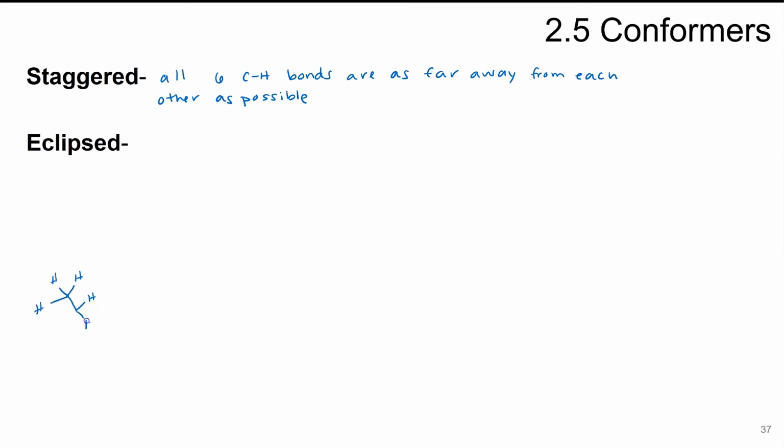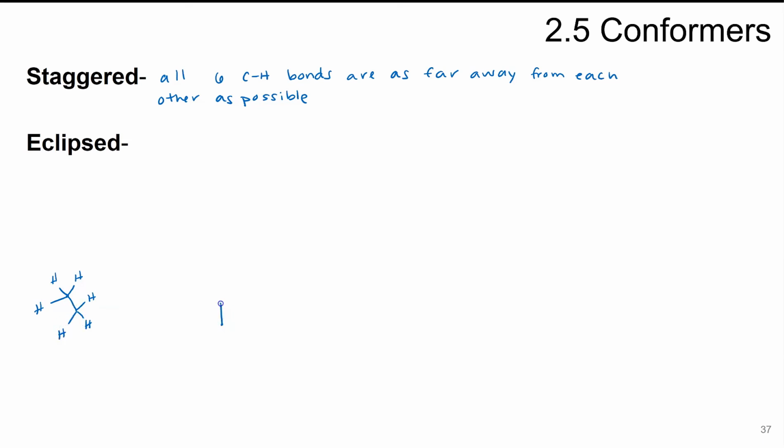There's different conformations of the Newman projection within itself. In a staggered conformation, all 6 of the CH bonds are as far away from each other as possible. So if I was going to draw the staggered conformation for ethane, which we just saw in the video, this would be the sawhorse, a not very pretty one.